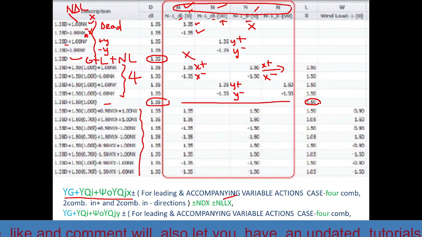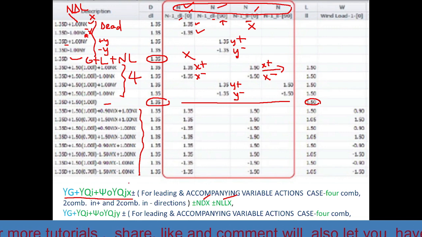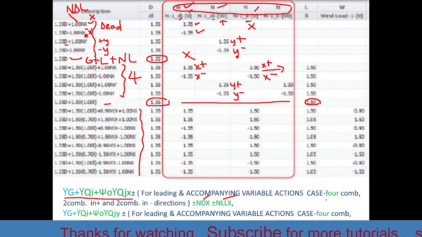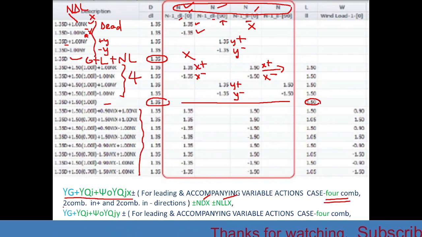This is for live and this is for dead. So generally, how many combinations are there? Here we have 4 combinations, that is, 2 combinations in positive direction and 2 combinations in negative direction.